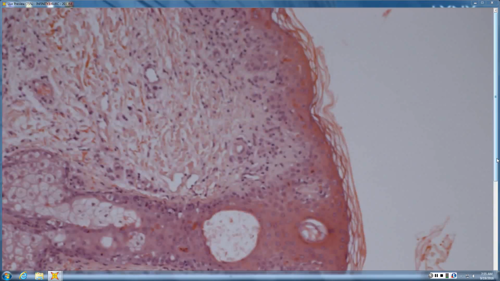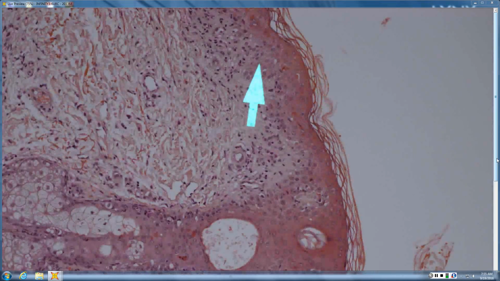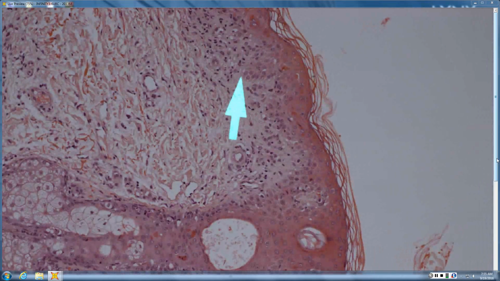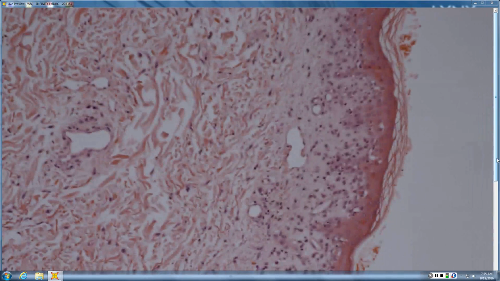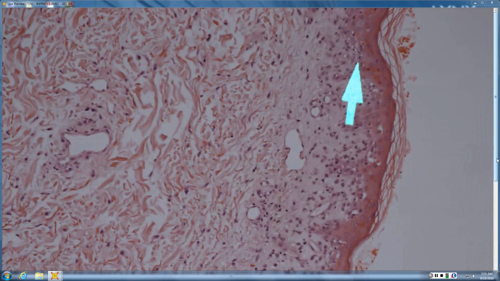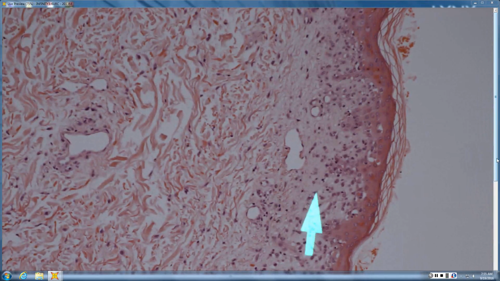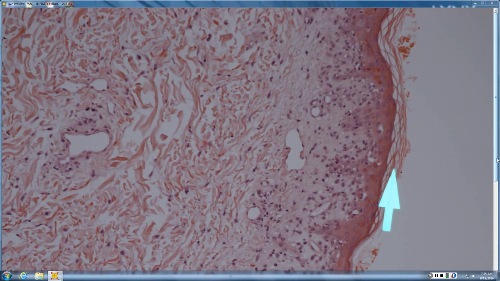So let's look at other areas, and in other areas my rete ridges are more preserved. There are a lot of necrotic keratinocytes, certainly enough that it looks like they're sawtoothing, so I don't disagree with you at all. But my corneum suggests it's a pretty acute process.